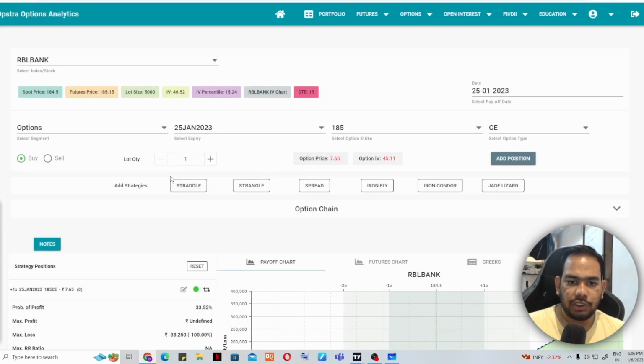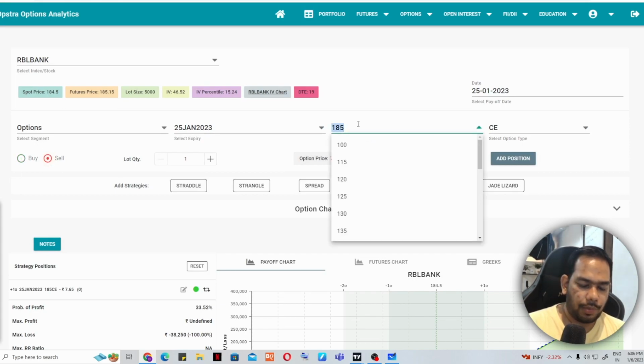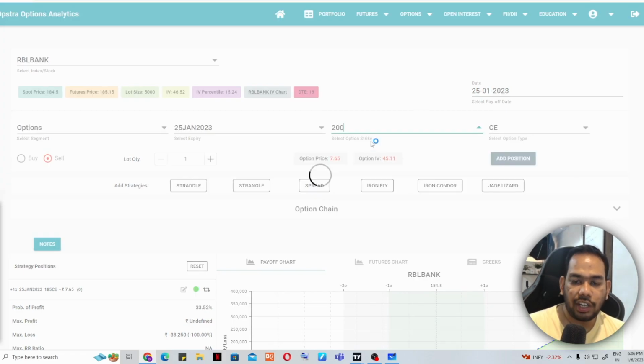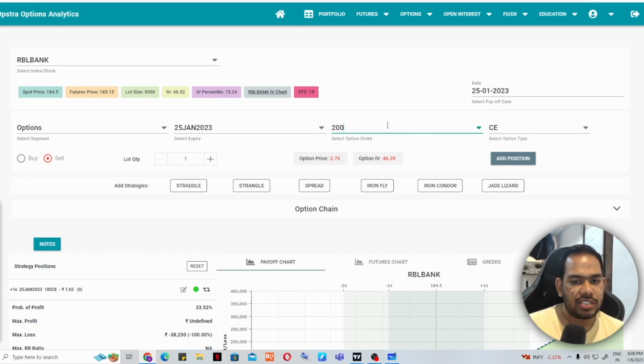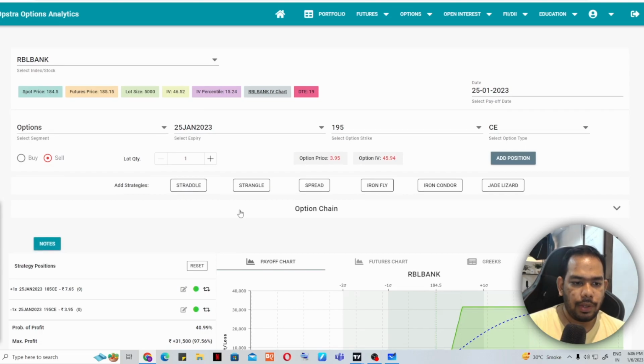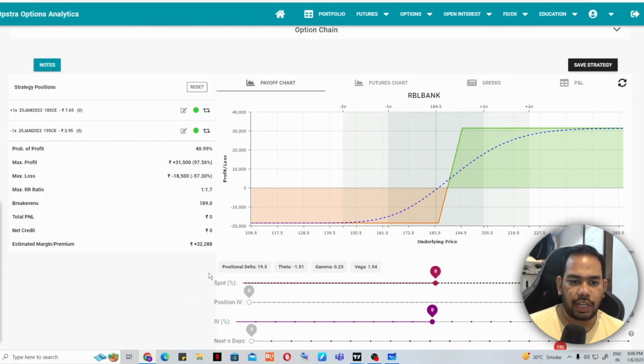We will add a position and we will sell near about, we may feel 200 is the strike price where it will hit resistance. So 195, which is about 4 rupees. So when this counter expires near about 200 rupees, still only 1 rupee will be lost in this. We'll sell this particular strike.